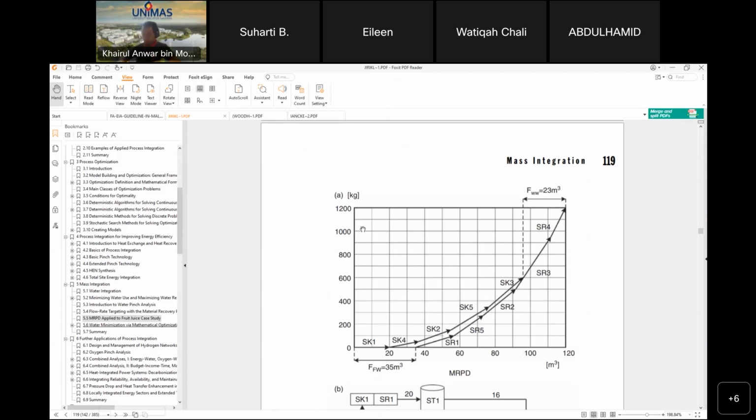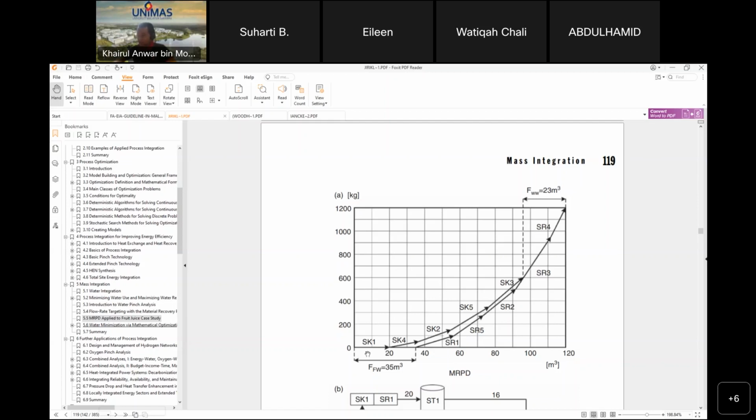So SK1, SK2 until SK5. This is the first step. You need to arrange it.